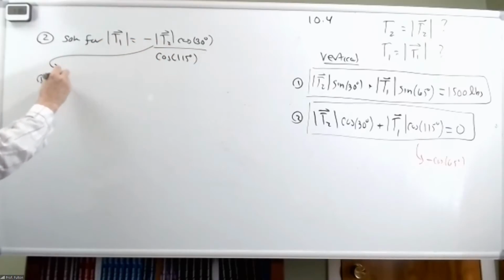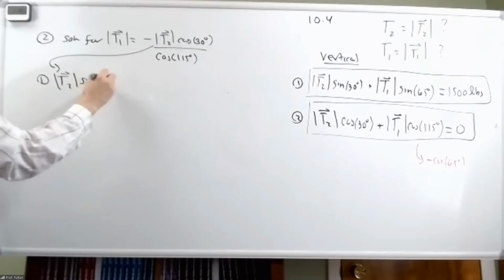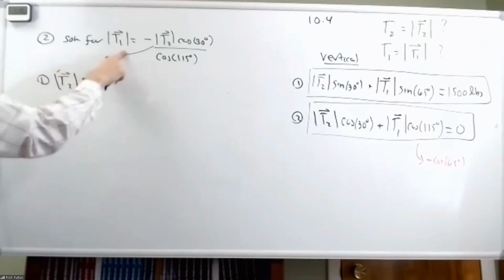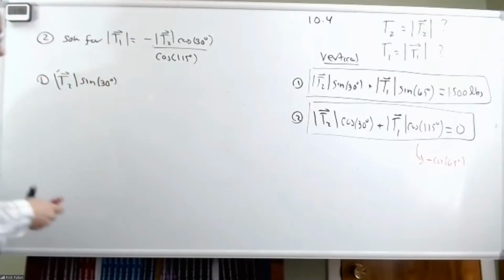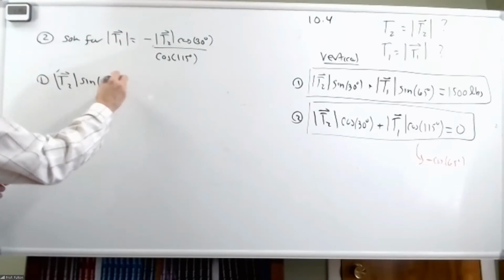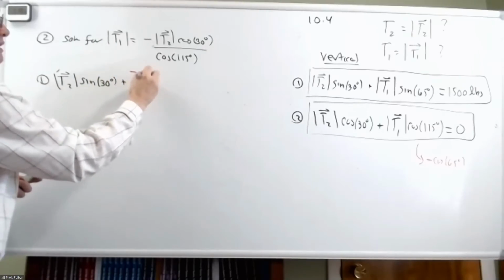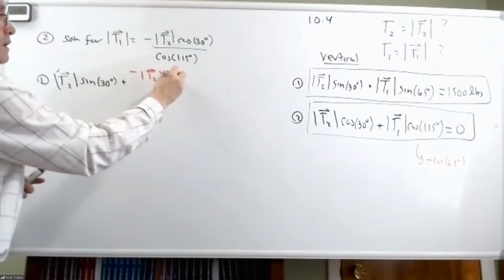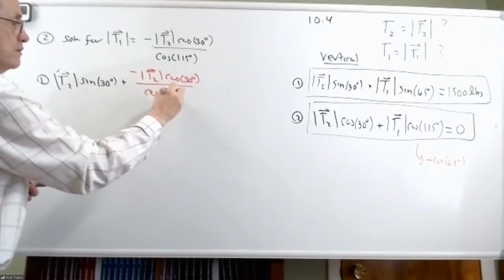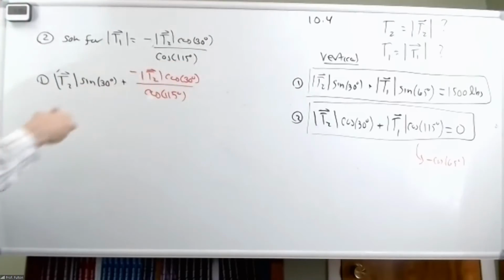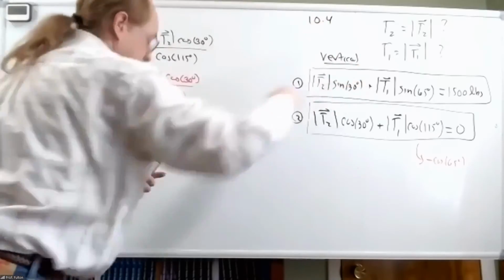So in equation 1, I have the magnitude of T sub 2 times the sine of 30 degrees, plus, where T sub 1 was, minus T sub 2 cosine of 30 degrees over cosine of 115 degrees, times the sine of 65.